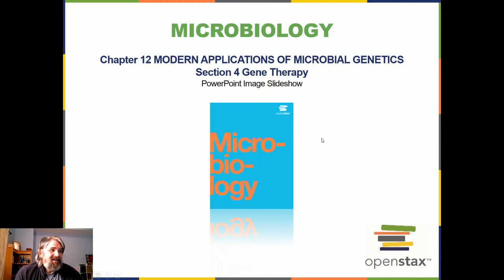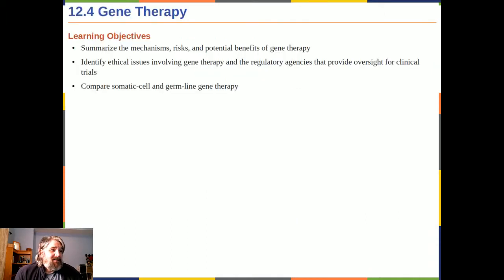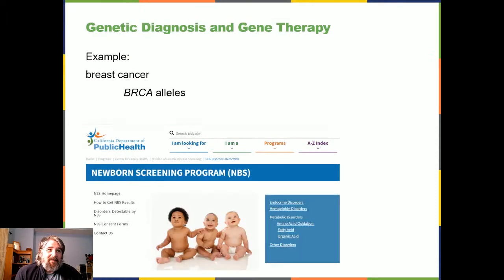And now we're looking at gene therapy, in which we are making progress. The mechanisms, risks, potential benefits of gene therapy, the ethical issues involved, and somatic cell and germline therapy. So first, one benefit of all this sequencing technology is that we have the ability to do genetic diagnoses.